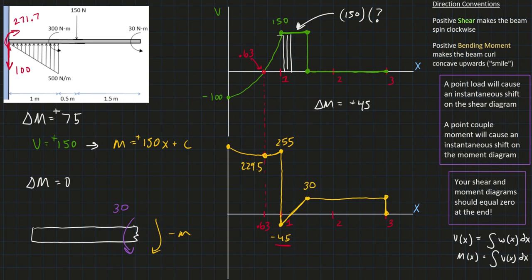What's my length, though, such that we get a total rectangular area of 45? Well, I can solve that real quick. And that'll be a 0.3. So we need to go 0.3 out from 1 to get there. So at x is equal to 1.3, my m is 0.